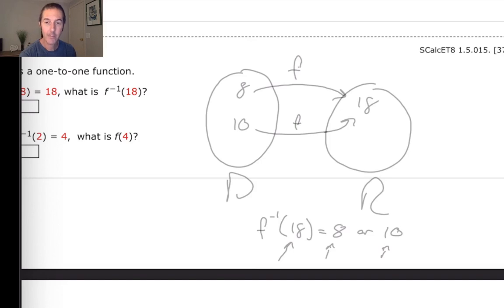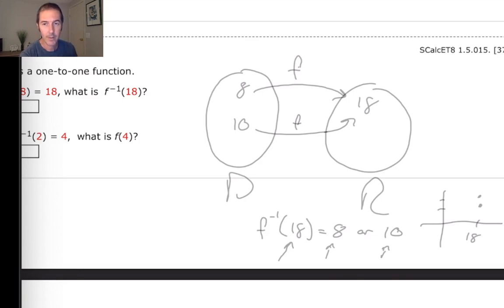So if I ask you, is f inverse a function? The answer would be no, because 18 maps back to the 8 or the 10. Visually, graphically, if you tried to graph that with an input value of 18, you'd have an output value of 8 or 10, which would not pass the vertical line test.